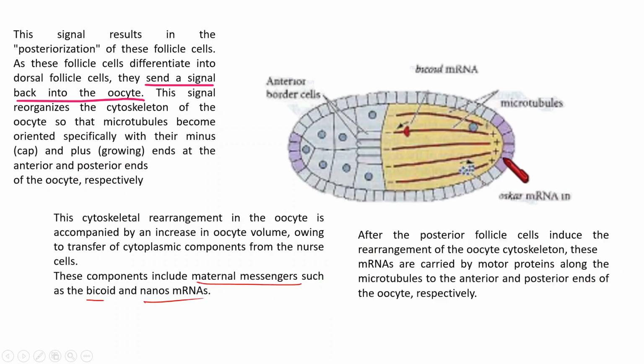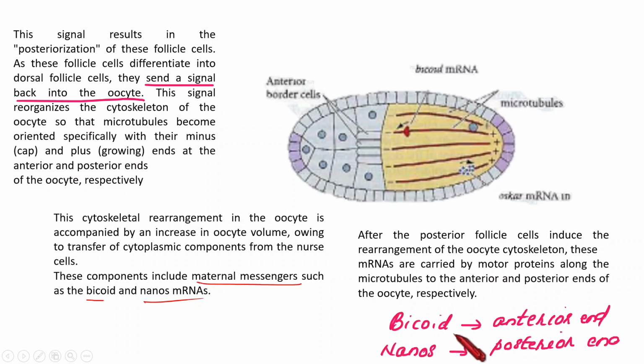And the bicoid mRNA is transported through the cytoskeleton towards the anterior end, and the nanos is transported towards the posterior end of the oocyte. So, wherever the bicoid mRNA is moving, that end becomes the anterior end, and the other end becomes the posterior end.